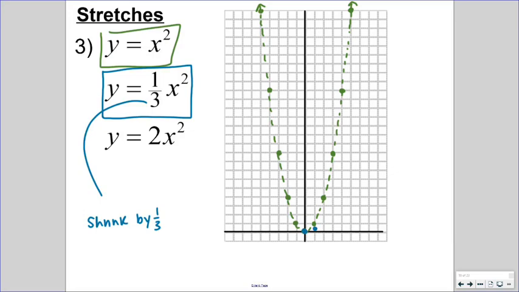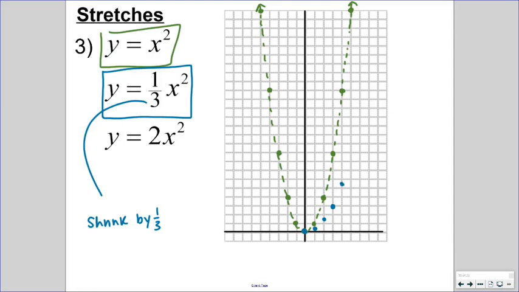Okay, so 4 times 1/3 is 4/3. So that's our next point. And then 9 times 1/3 is 3. Then we have 16 times 1/3, which is going to be 5 1/3.